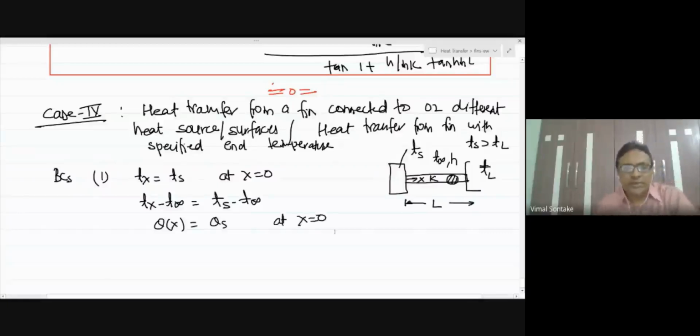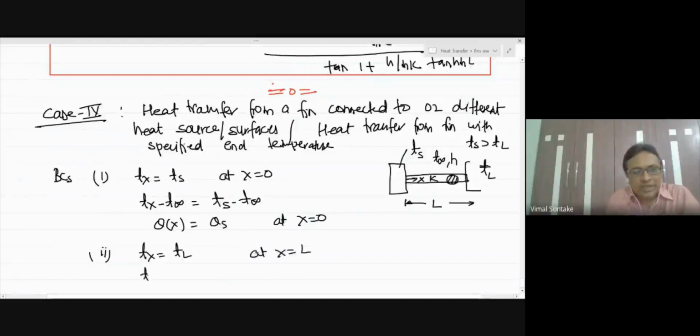Now the second boundary condition will be Tx equal to TL, because the tip temperature will be equal to the surface temperature of the second source at x equal to L, or Tx minus T infinity equal to TL minus T infinity.